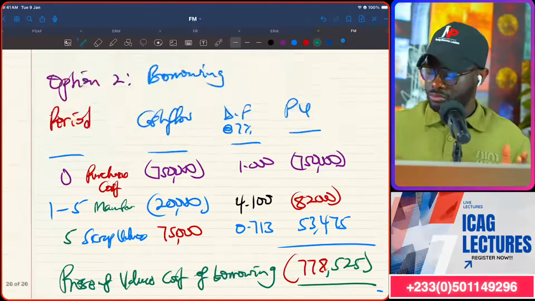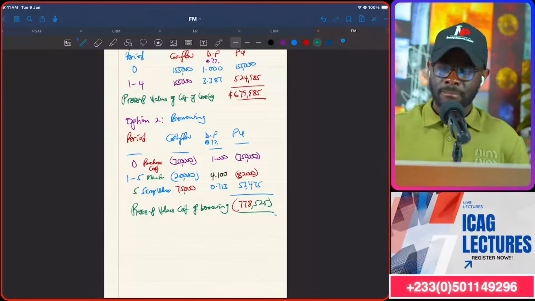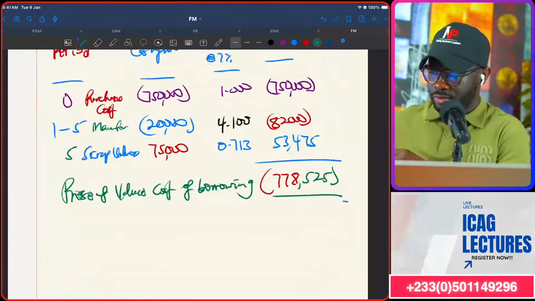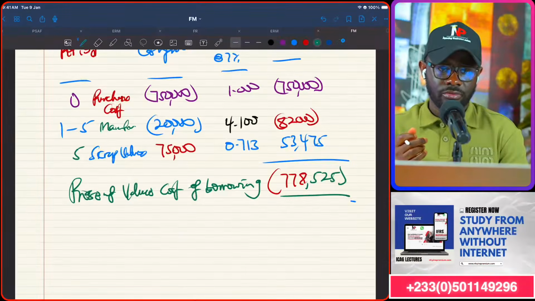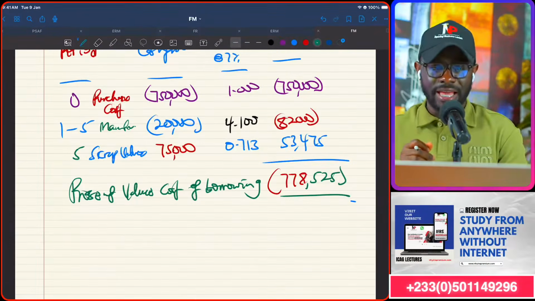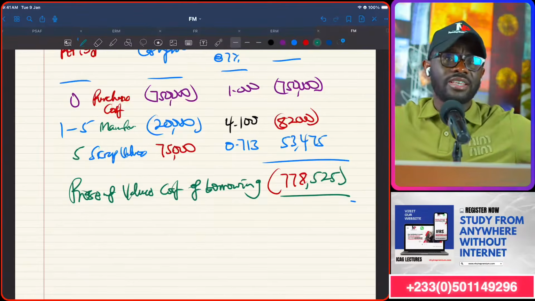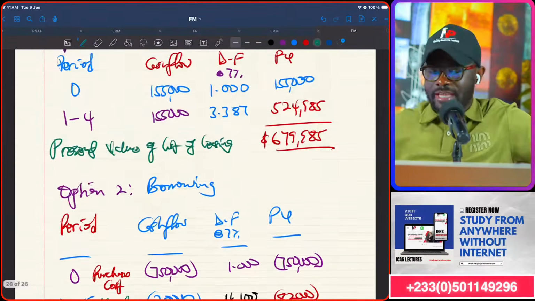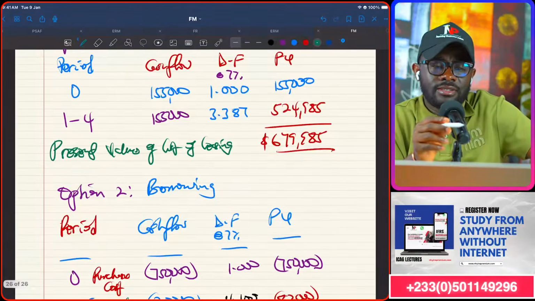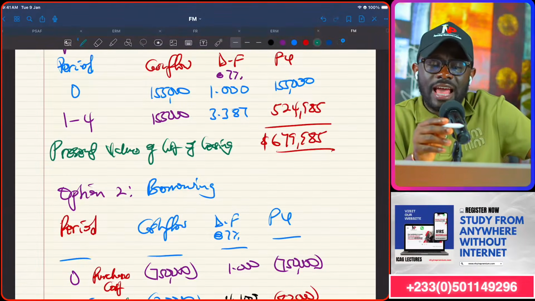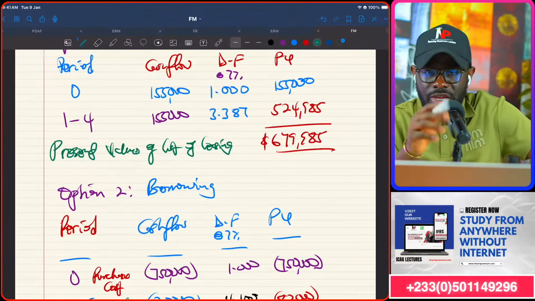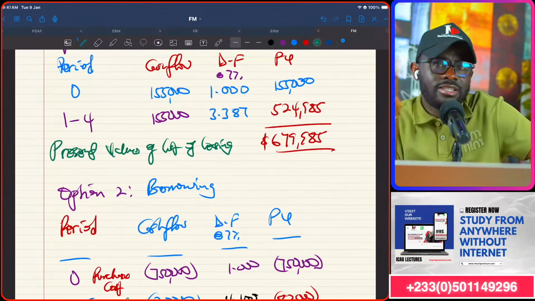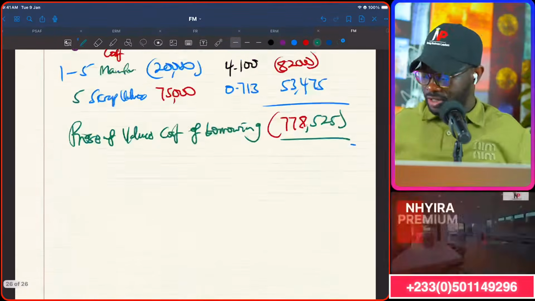So, what do you think? If we borrow the money and buy the asset, it will cost us 778,525. If we lease the asset, it will cost us 679,985. So which one is cheaper? The leasing option. So that should become the decision rule.